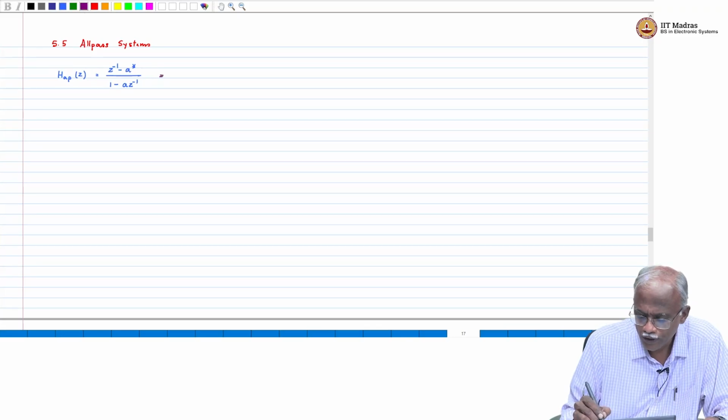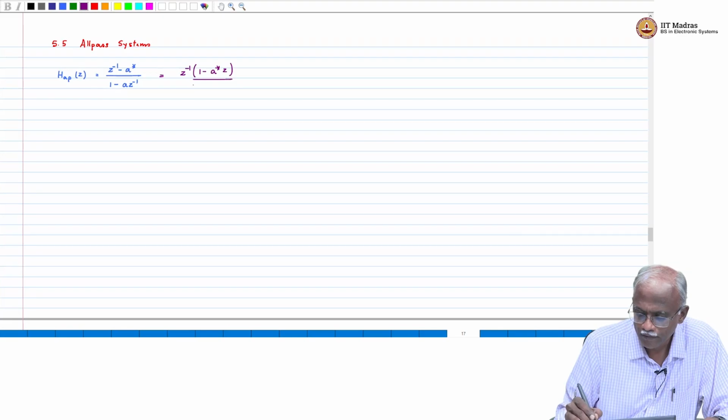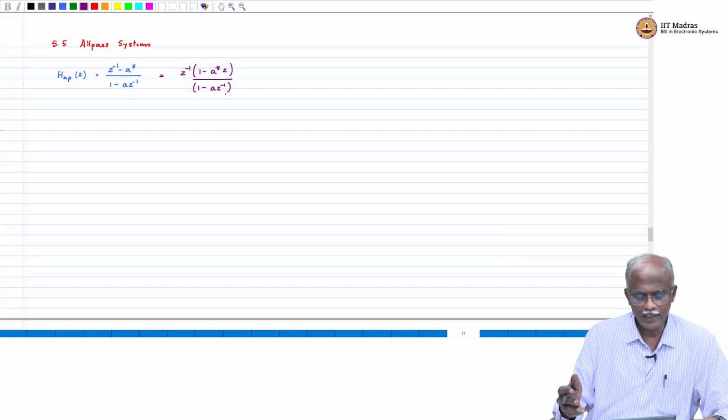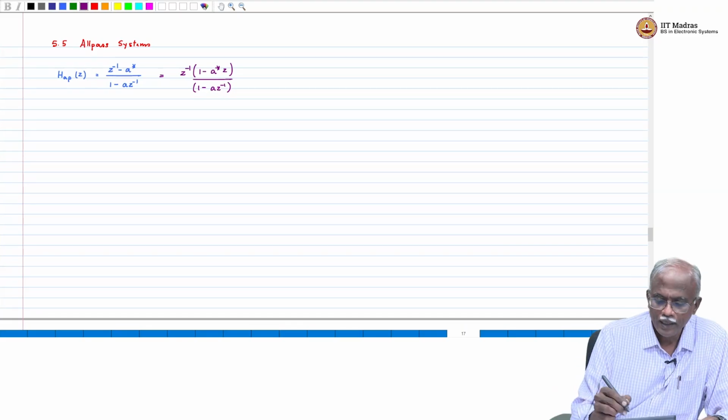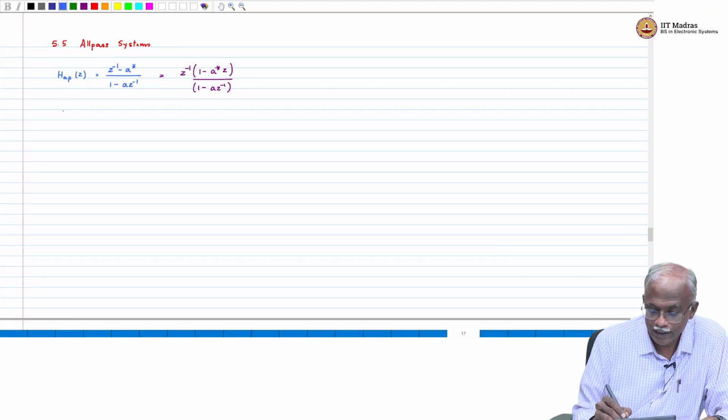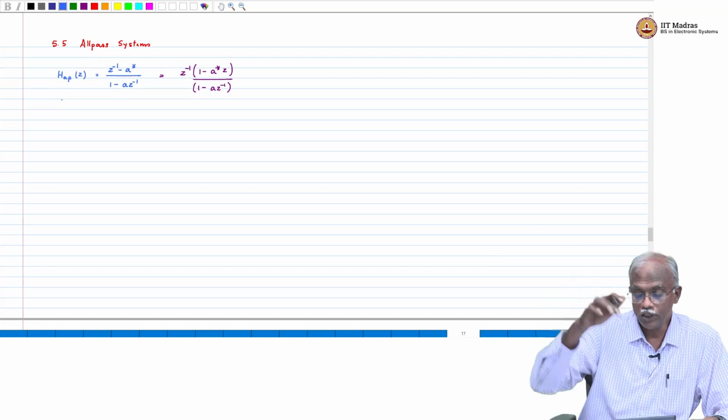Now I'm going to factor out z inverse in the numerator. What I will get is z inverse times 1 minus a conjugate z, divided by 1 minus a z inverse. Now remember, we are always interested in the magnitude response, that means on the unit circle.